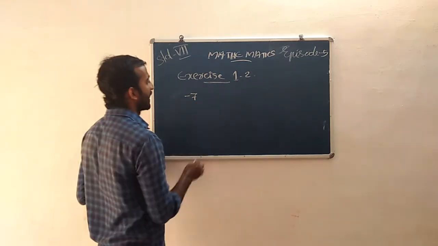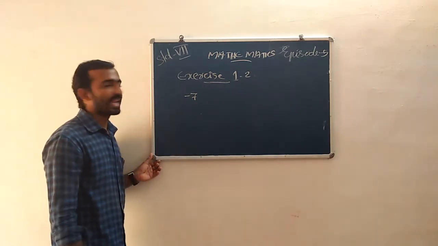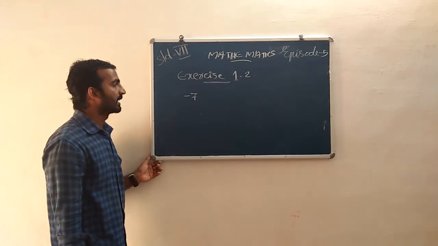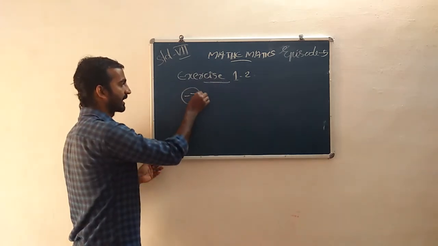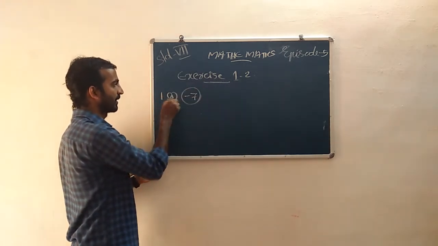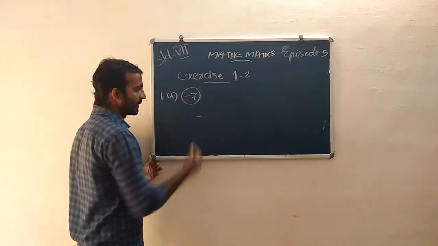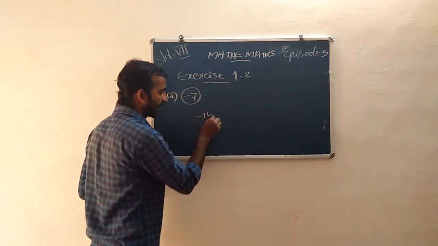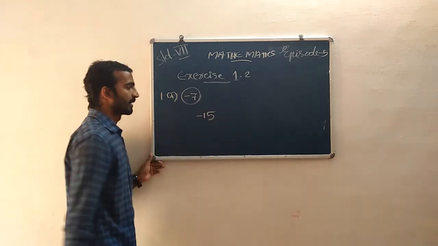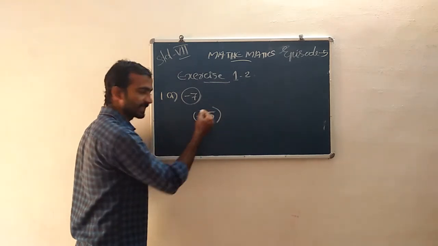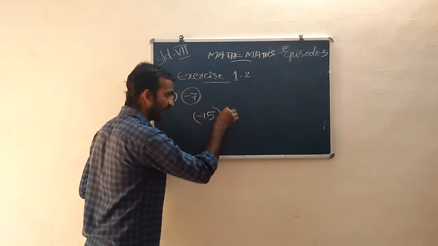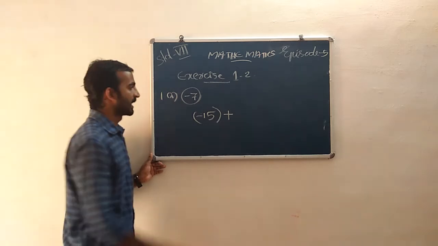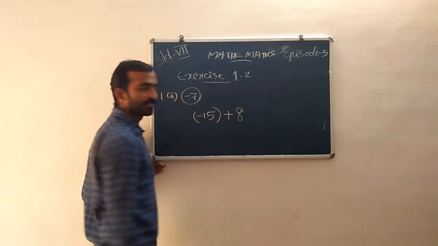When we take two integers and take the sum, we get the answer negative 7. We can take one integer negative 15. We want to take the sum, so we add 8.